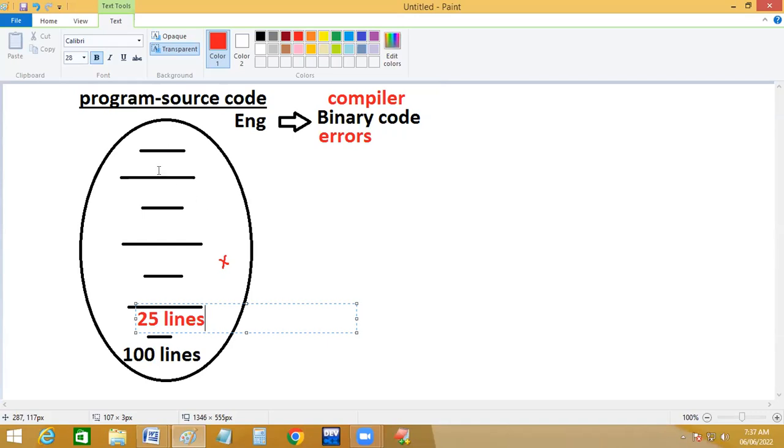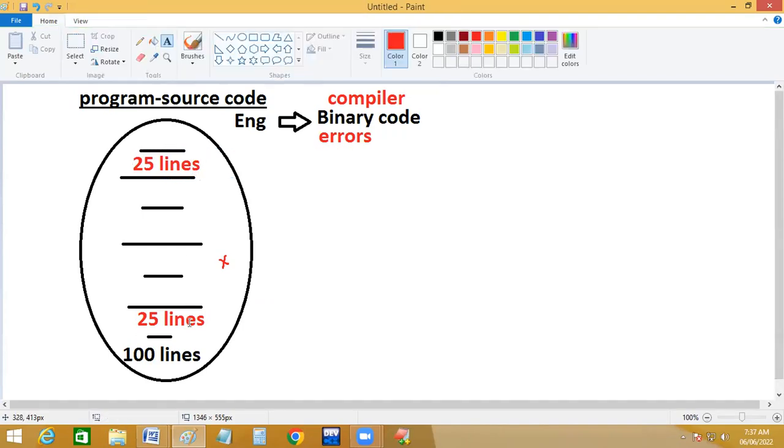Here already a 25 line program is there, guys. Here are 25 lines, and you are going to use the same 25 lines here also. Means the same 25 lines, how many times repeated? 2 times or not? The same program, you are going to write how many times? 2 times.